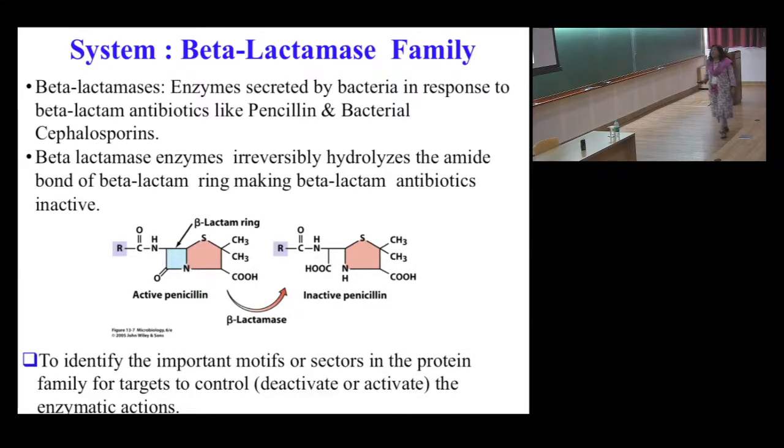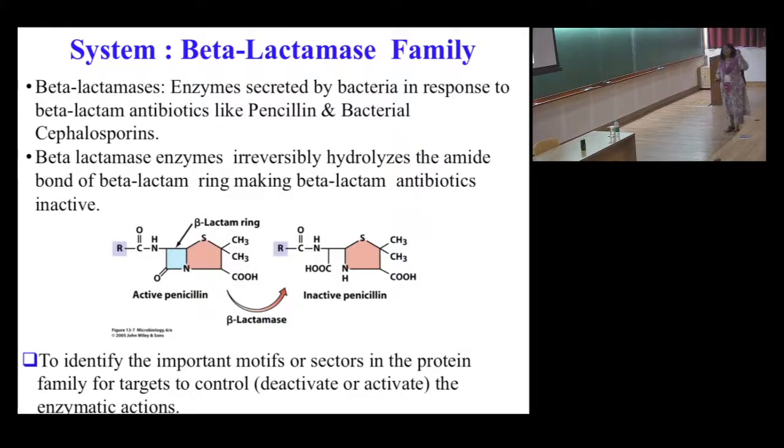So our aim is to study the beta-lactamase protein so that we can find the positions of the amino acids which are important. If we know the positions and then deactivate those positions or mutate them some way, we will control this process.